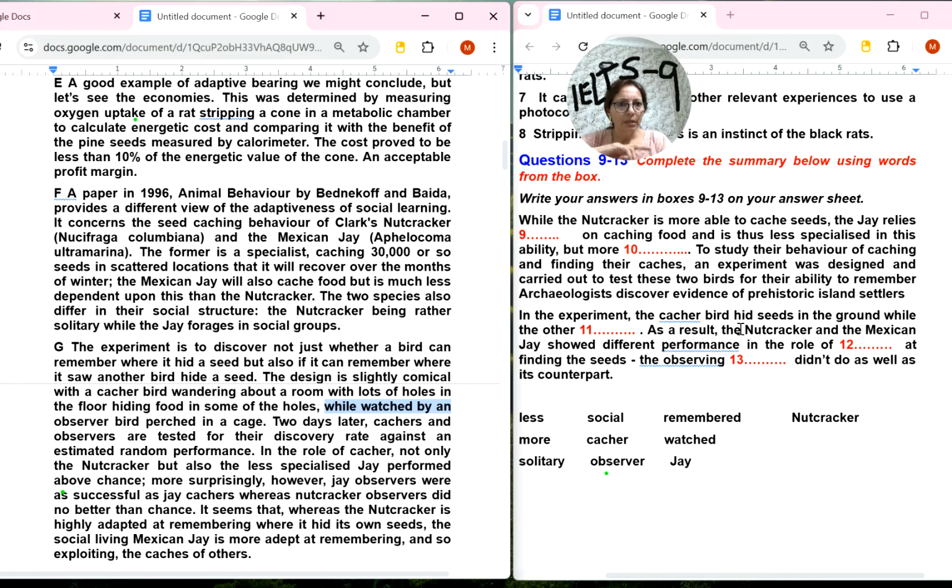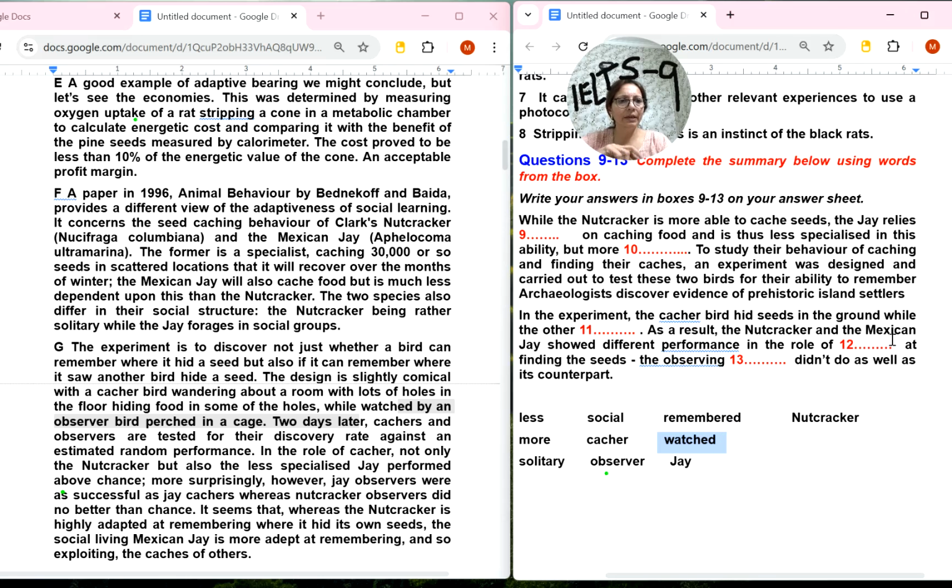Catcher bird hides seeds in the ground while the other, maybe less, more. When someone is hiding something in the holes, then of course while watched by an observer, so it means while the other watched. So here watched will come.